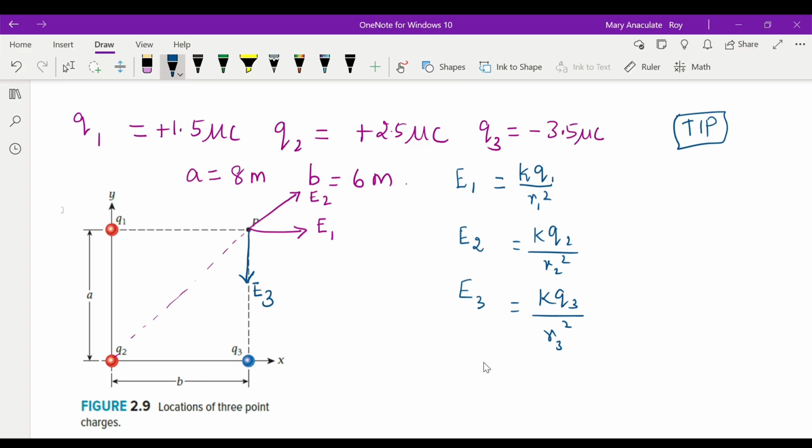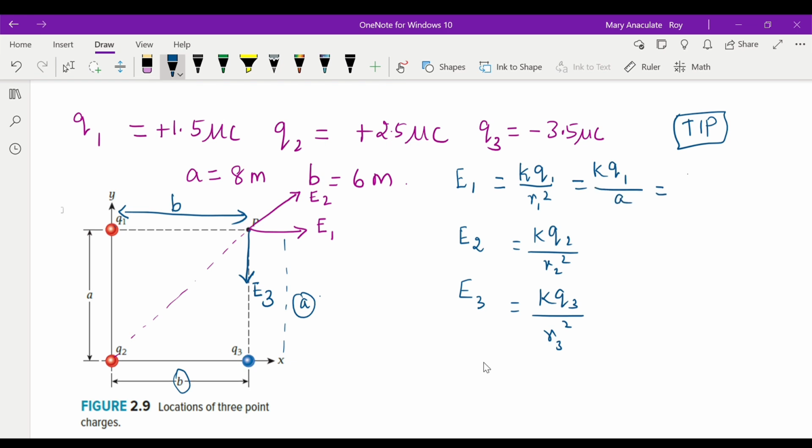Now what about R1? R1 is the distance of Q1 from P. So this distance for R1 is equal to B, and here this distance will be A, right? So I put it here as kQ1 over A squared, as A is the distance.